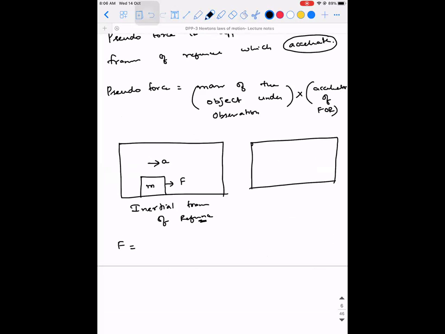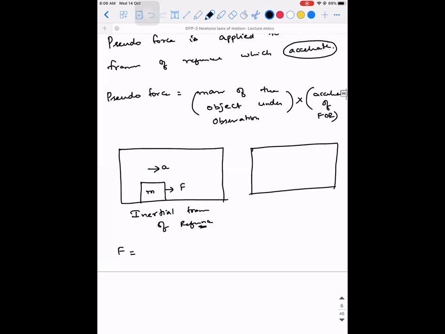Zero. No. Inertial frame now. What did I say? The frame of reference is not accelerated. Again, think of this. Let's say this is your school bus. In your school bus, you have your bag lying on the floor, and you're trying to pull the bag with a force of F. Then is your bag going to move or not?